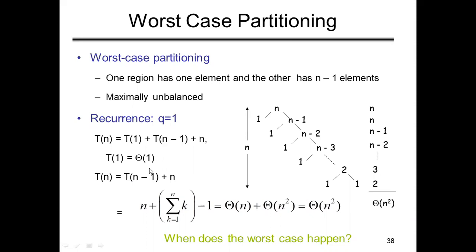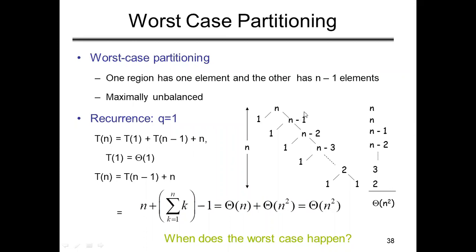So if T of n minus 1 is the complexity, then you can multiply it by n, and you will get n square. Theta of n square is the worst case complexity of the quicksort. See here, we have the n. So one element, n minus 1.